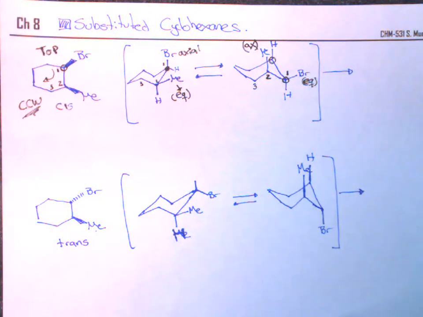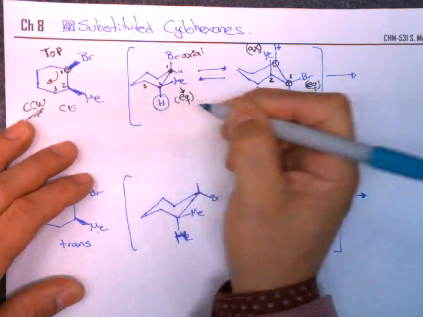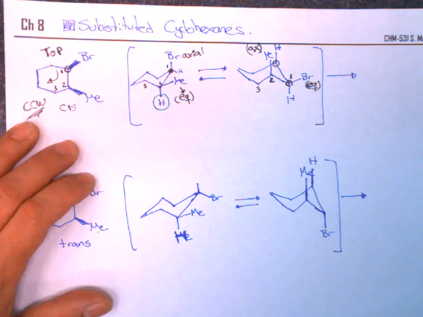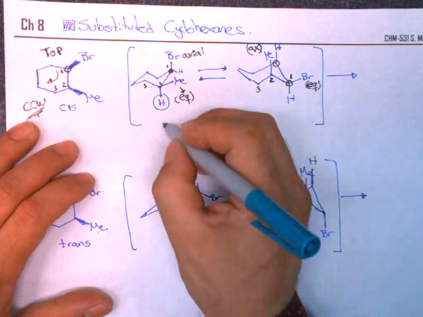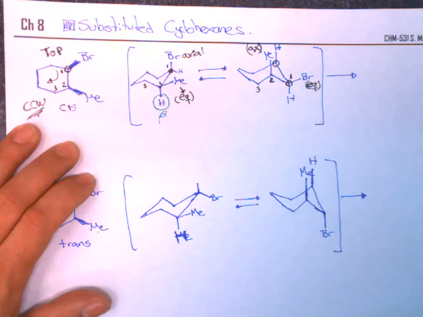Now, let's identify our beta hydrogens, the ones that we can eliminate. So, very conveniently, I have one right here. This is our beta hydrogen. And what do you notice in the conformation?